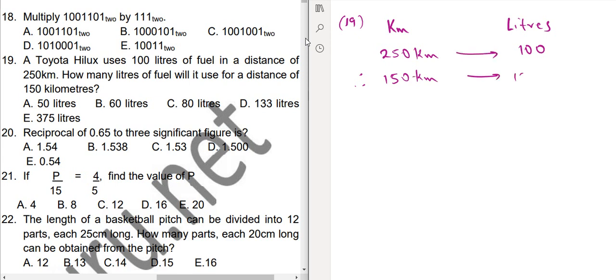So it's 150 times 100 over 250. Good. Zeros cancel. 25 here, 25 here. So what do we have? 15 times 4, which is 60 liters. Option. Okay. Number 20, please.